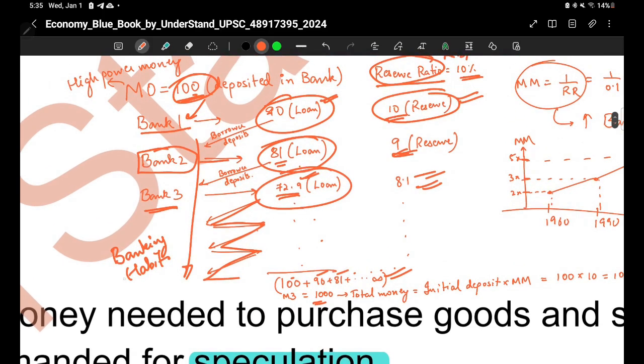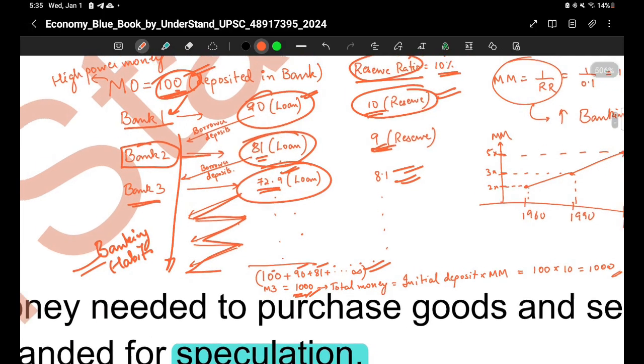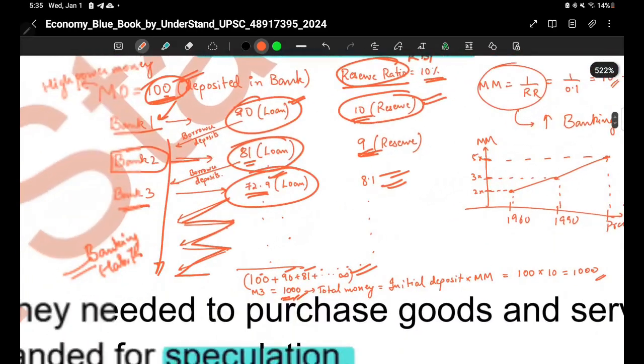Because of the banking habit of the people, this 100 rupees became 1000 rupees at one particular point of time. That is the meaning of M3. What is M3? Money supply. Total money supply, because there was a deposit of 100 rupees, is 1000 rupees now.